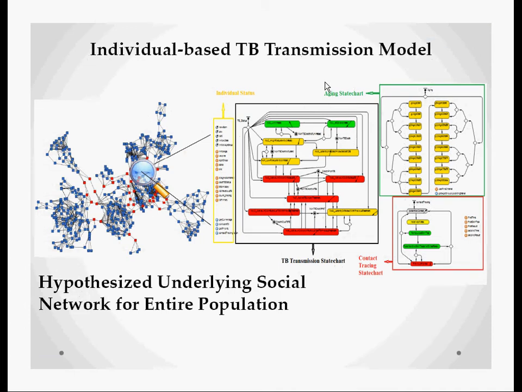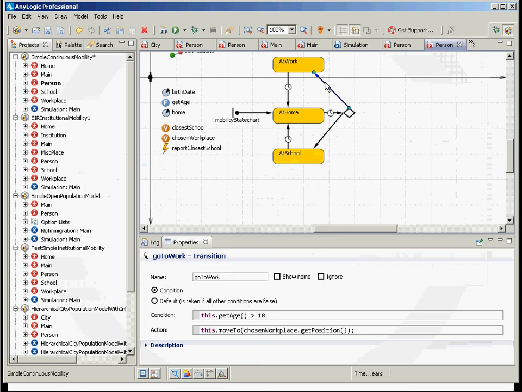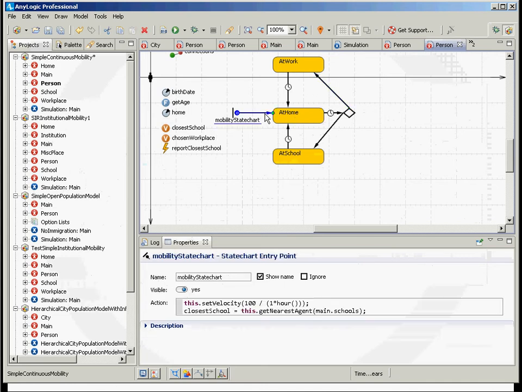Oh, sure. The way in which we define closest school is defined coming into here, because by the time you enter the state, you're guaranteed to have all your parameters set up, all your X and Y locations set. And when you come in here, I set the velocity so we go reasonably fast. We're not spending years driving.